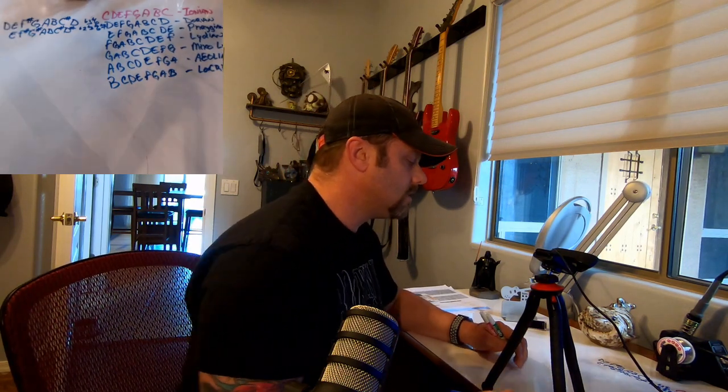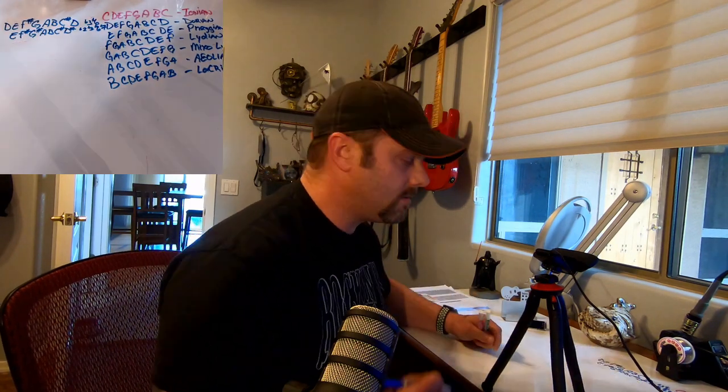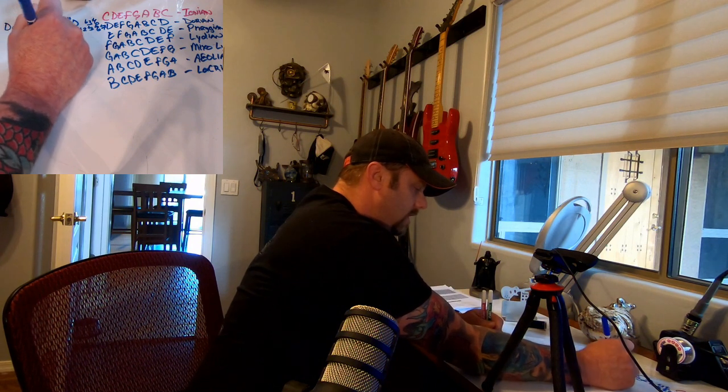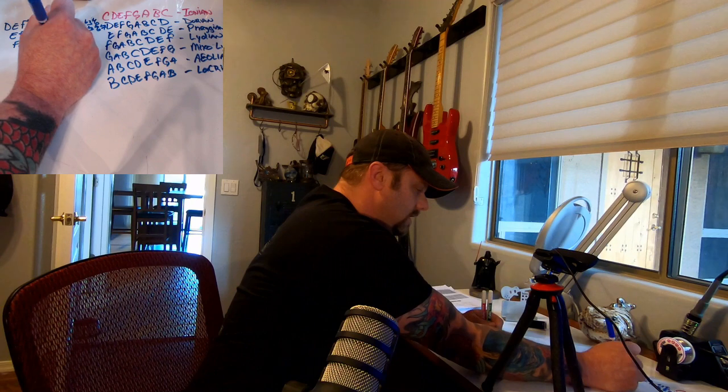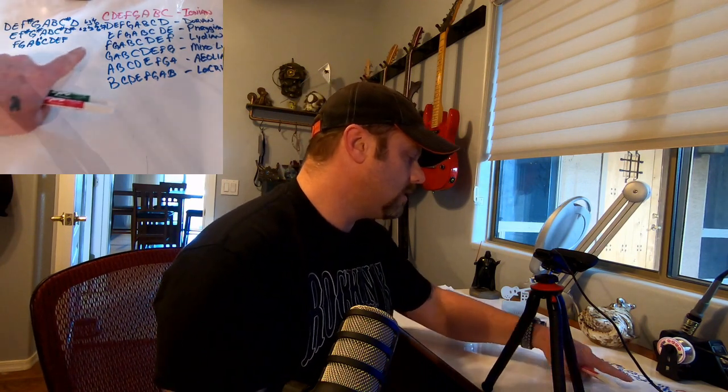So Lydian, that's a little different ball of wax there for us. Because if we reference our F major scale, F, G, A, B flat, C, D, E, F. Okay? So what do we have? We have a sharp 4.